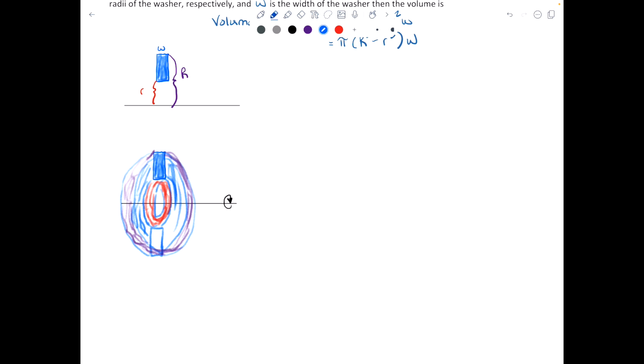So again, you'd be adding all of these up, kind of like a tire, I guess. And what'll happen though is they're going to be inside a shape.